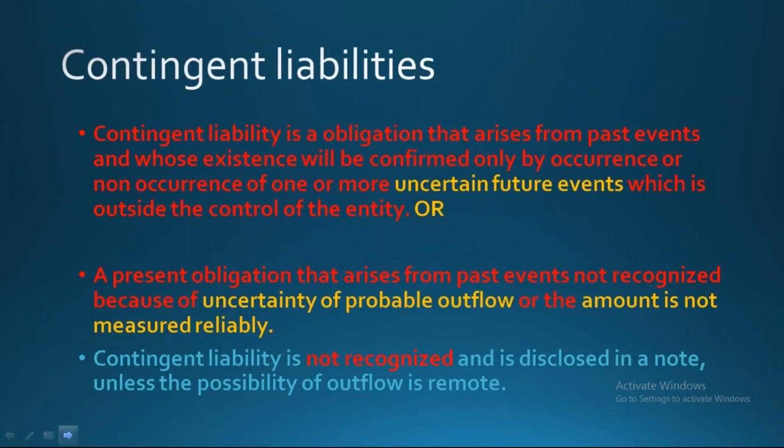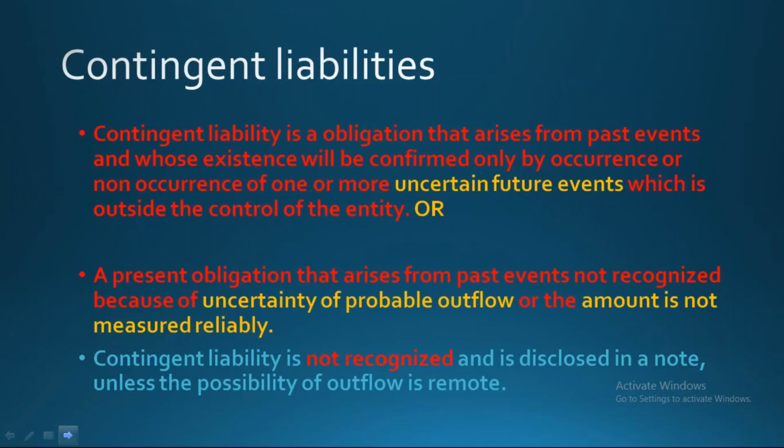But for a contingent liability, where the probability is not sure, the amount is not sure, there's a possible obligation but we do not know whether there's going to be an obligation or not, you don't put a double entry. That is what is meant by not recognizing.